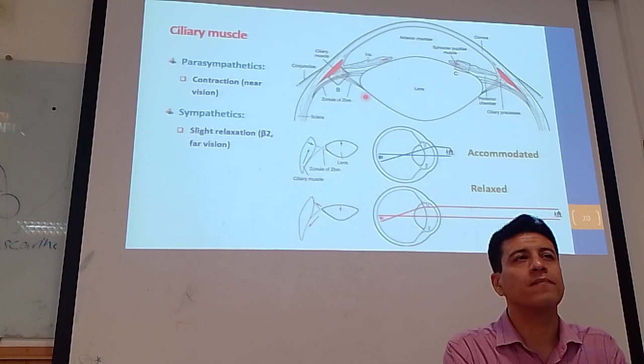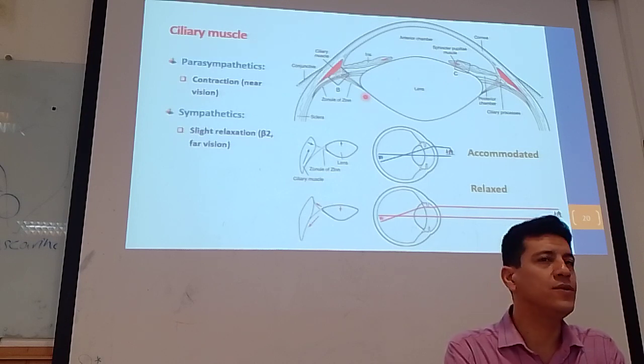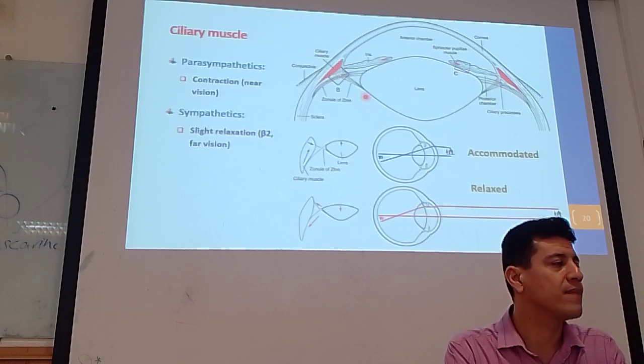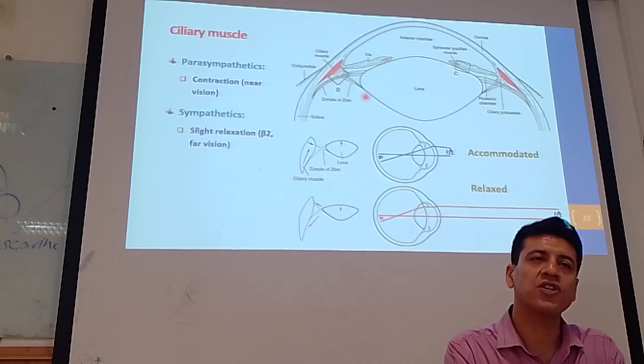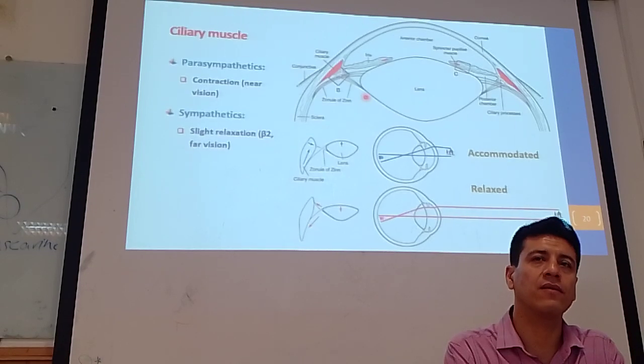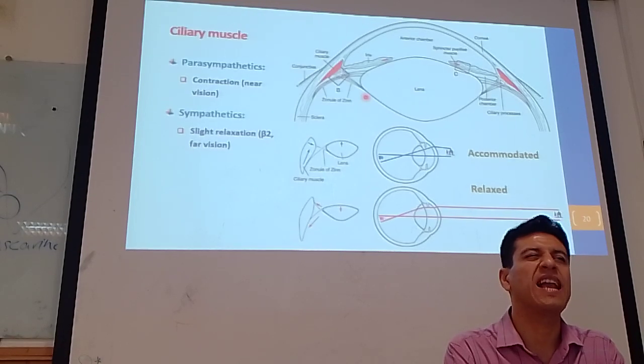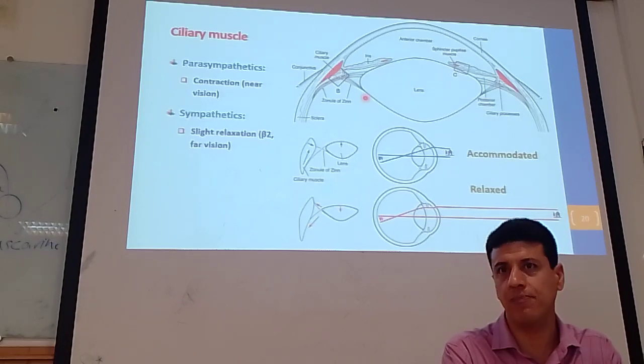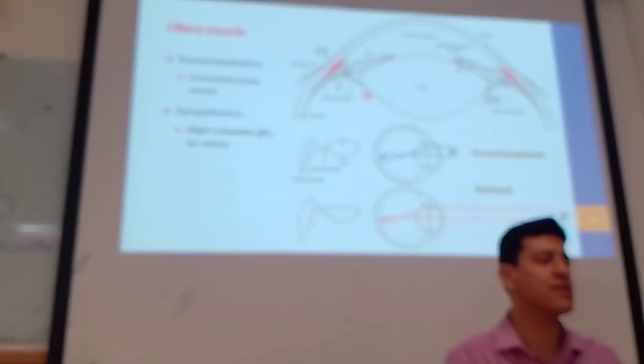Another thing that the ANS does on the ciliary muscle in the eye is contraction of the ciliary muscle, which can cause relaxation of the lens. Okay, let's see what happens here.